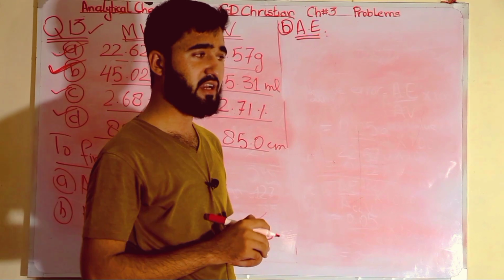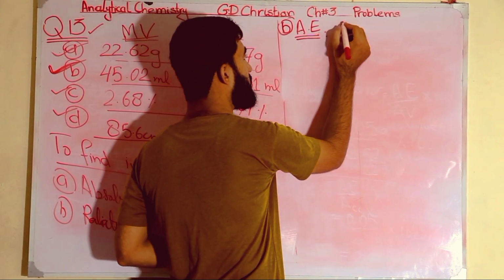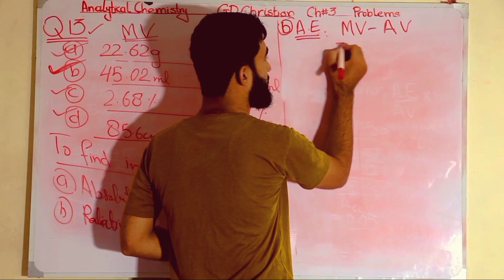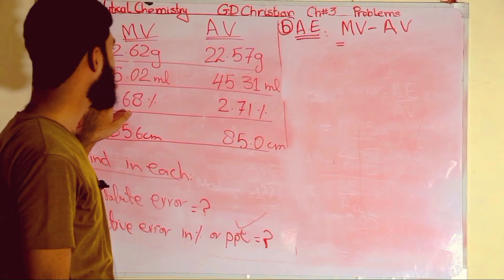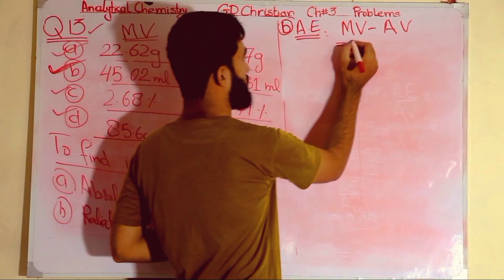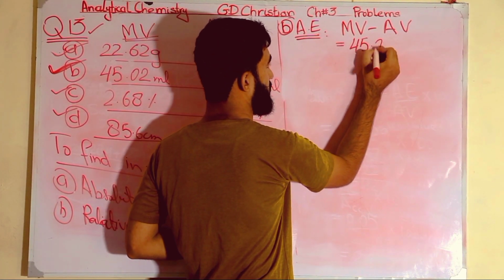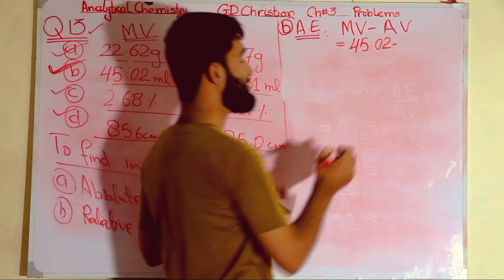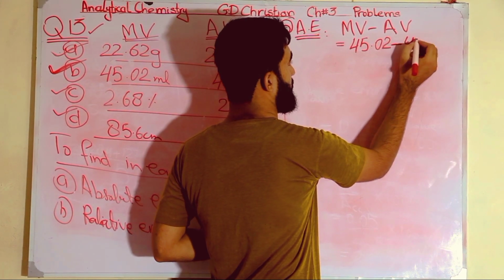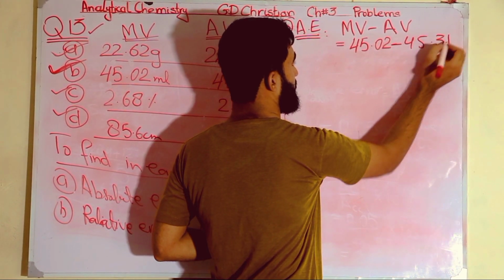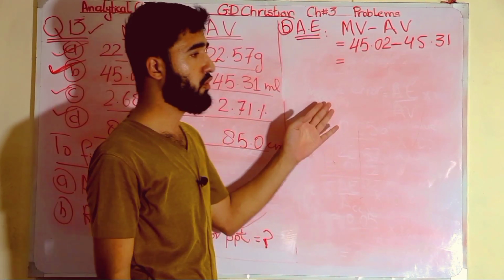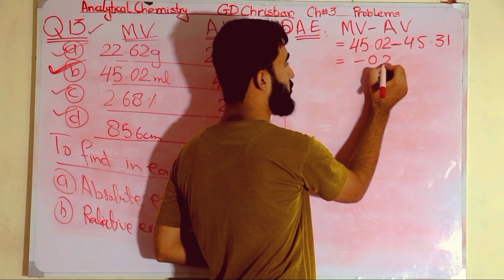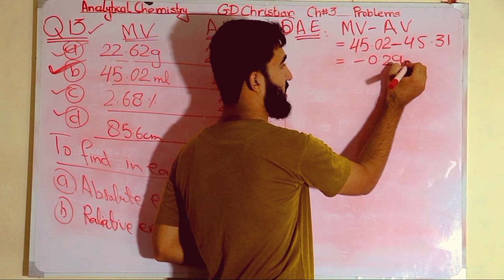As we know that absolute error is equal to measured value minus accepted value. So now put the value of measured value 45.02 minus accepted value 45.35. By solving this, we obtain the answer, which is equal to minus 0.29 ml.